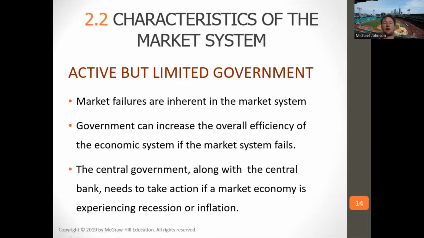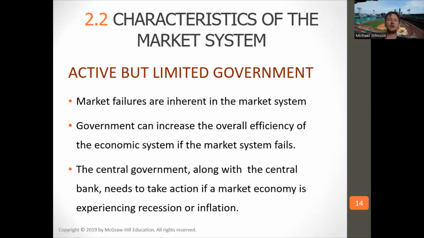Market failures are inherent in the market system. Government can increase the overall efficiency of the economic system if the market system fails. They can bail out businesses and give loans to keep businesses running if there is a recession. The central government, along with the central bank, needs to take action if the market economy is experiencing recession or inflation.